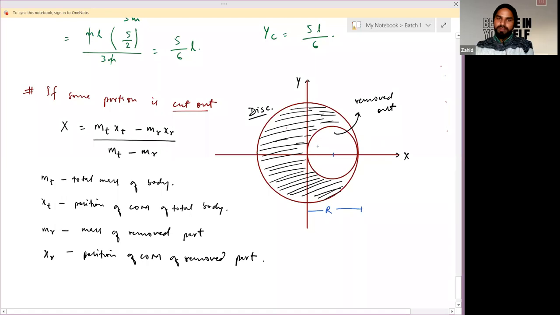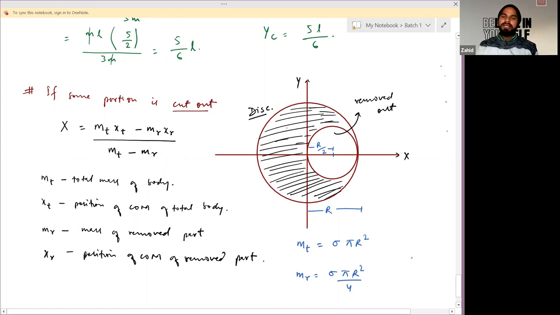So the radius of this smaller disk will be r by 2. So M total equals sigma times its area, which is pi r square, and M removed equals sigma pi (r by 2) square, so it will be pi r square by 4.